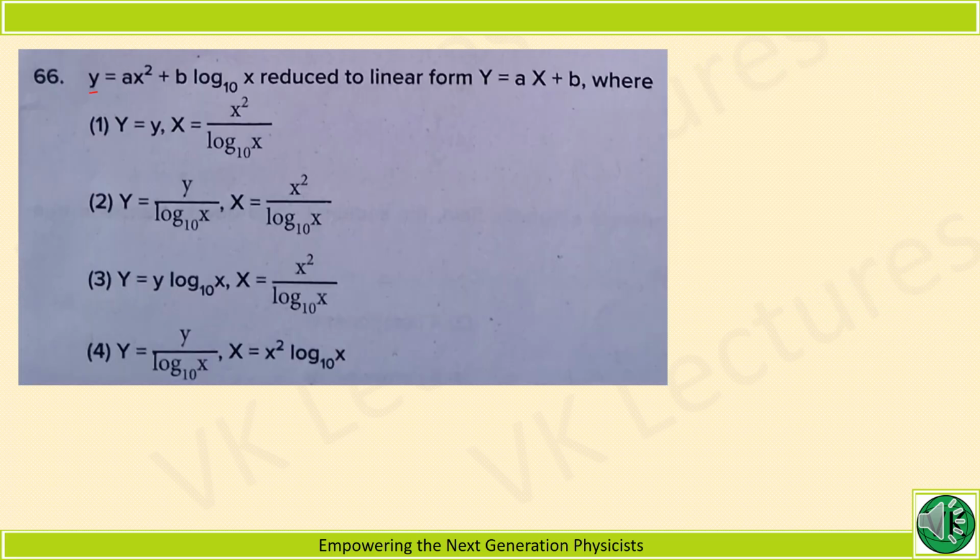Y equal to a x square plus b log 10 x is reduced to a linear form capital Y equal to a capital X plus b. So what are the values of capital Y and capital X? The correct answer is capital Y equal to y by log x and capital X equal to x square by log x.